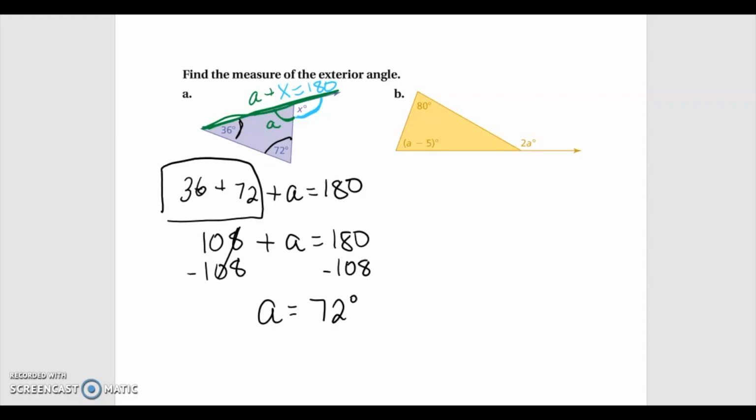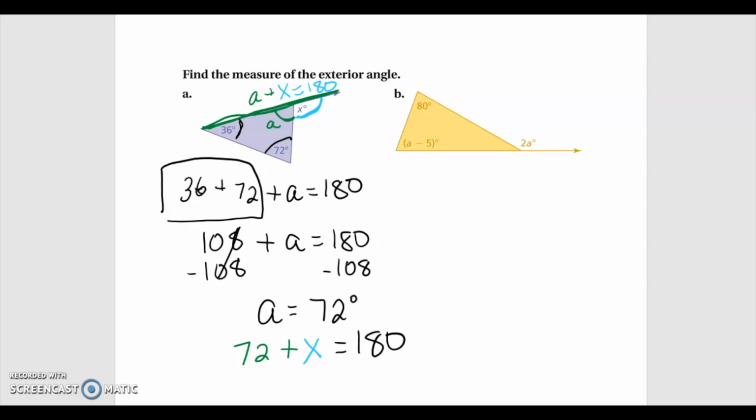Okay, so now that I know angle A, I can solve for angle X. So I have angle A is 72 plus angle X equals 180. Now, you might be noticing something here.